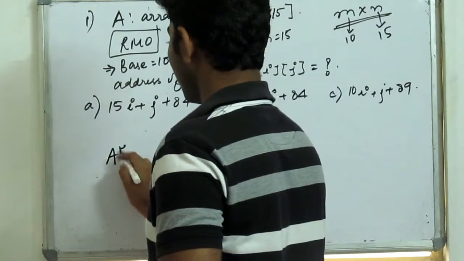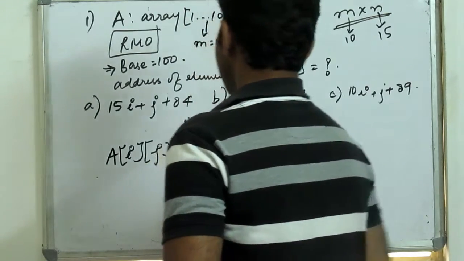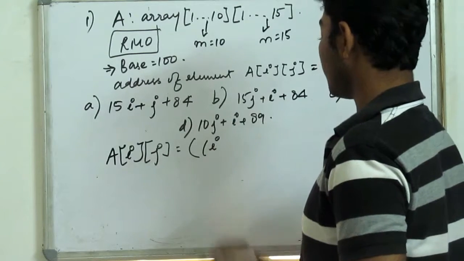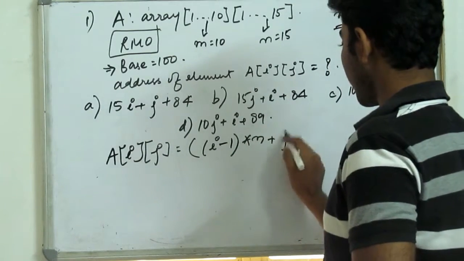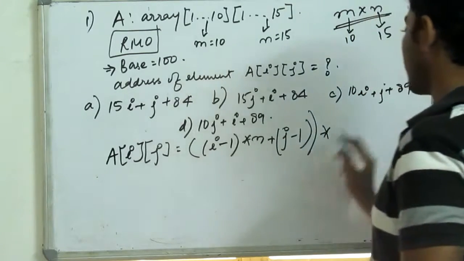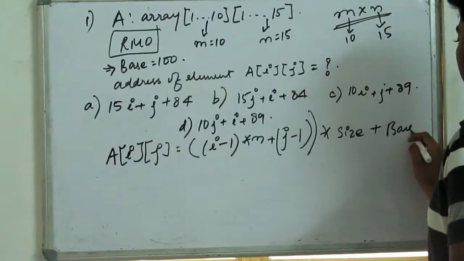Suppose I want to find the address of a[i][j]. As you remember, the formula is (i minus 1) into n plus (j minus 1), into the size, plus the base address.